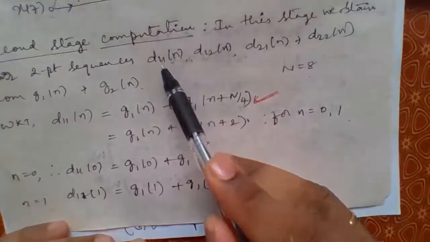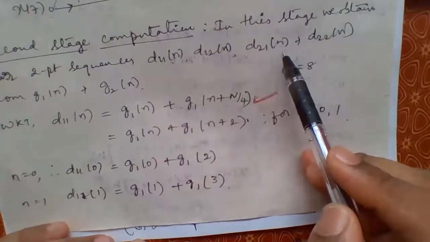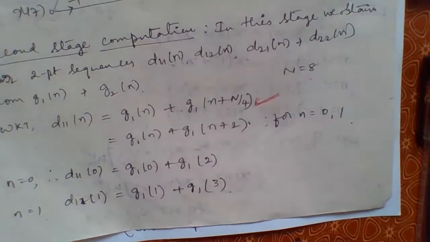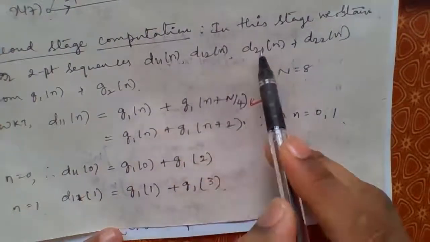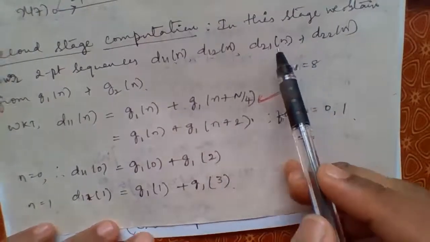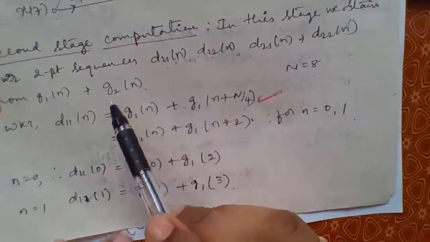What are those? d11 of n, d12 of n, d21 of n and d22 of n. The four new sequences d11, d12, d21, d22 are actually giving the equivalent representations for g1 of k and g2 of k.